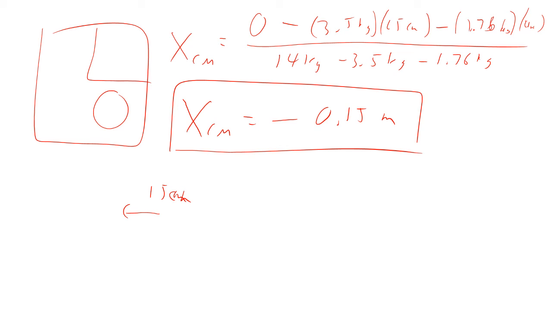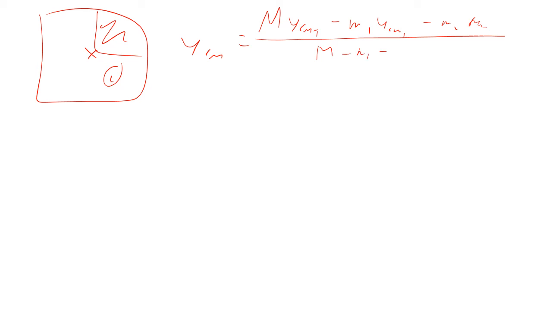Okay. Well, this is a two-dimensional object. So what about the y center of mass? Again, if I put my origin right here, then that's going to be the mass of the total thing times the y center of mass of the total, minus M1 times the y center of mass of 1, minus M2 times the y center of mass of the other, and so divided by M minus M1 minus M2. So what's that going to be?